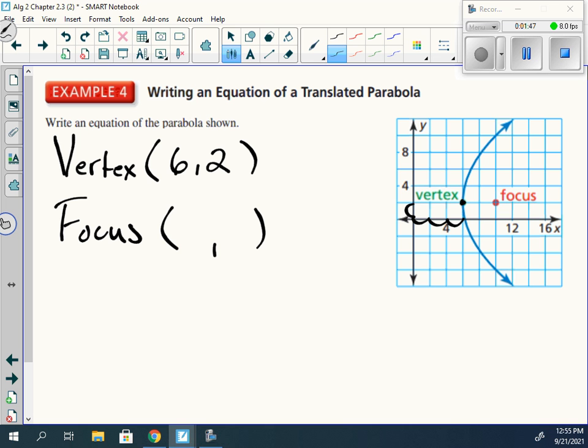And the y-axis is also going by 2, so up 2. So 6, 2. Now we also have the focus, and this would be 10, 2, because if we're at 6 here, 7, 8, 9, 10. And it's also at 2.